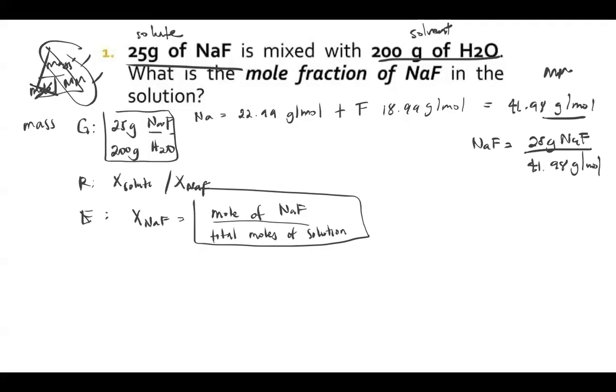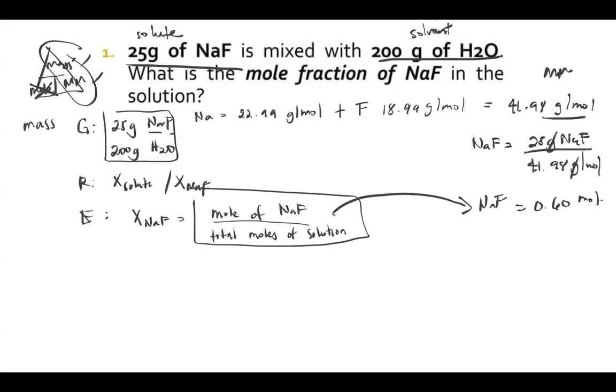That will be 0.595, or we can simply put 0.60 moles here because the grams cancel out, and this is the mole of NaF that we can later substitute here on the side.